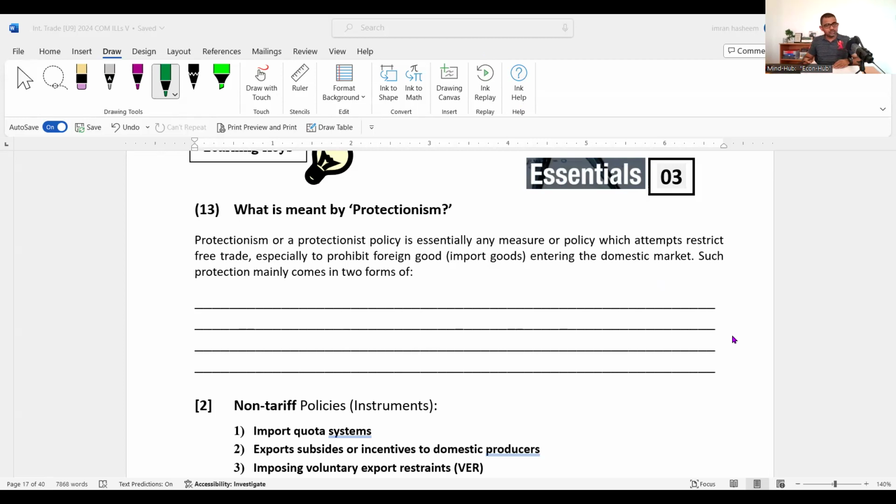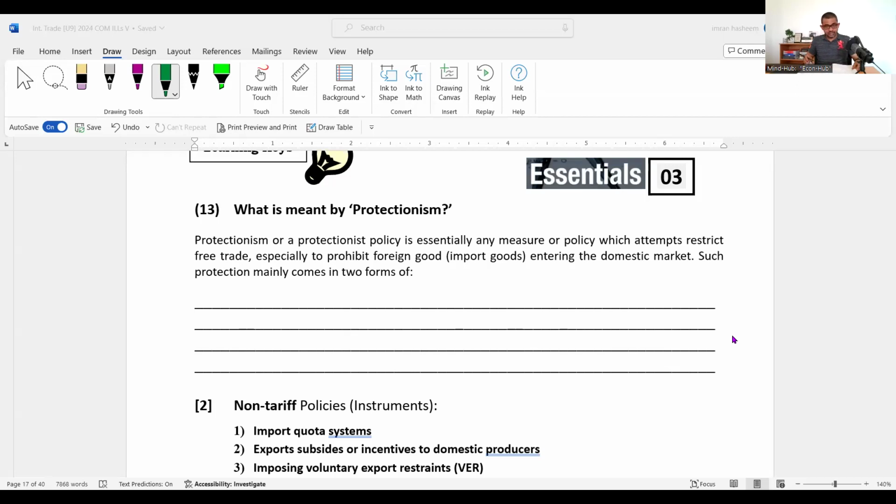Sometimes they are called instruments also. And then how do we know what is the level or degree of protection received by the domestic producers? There we talk about a special concept called the effective rate of protection. So there are small calculations we need to do there.